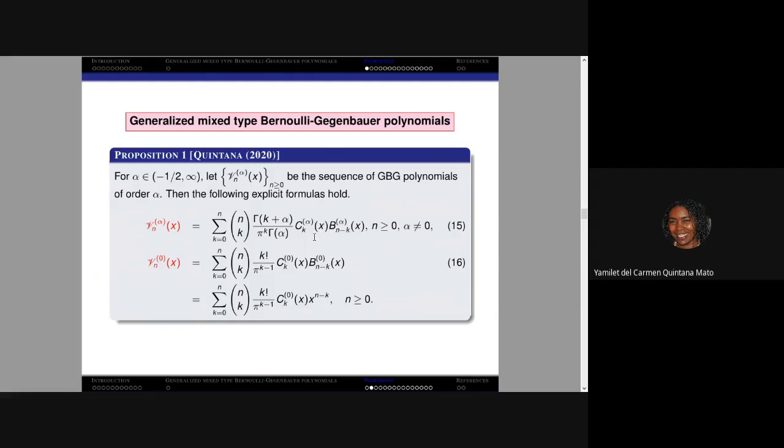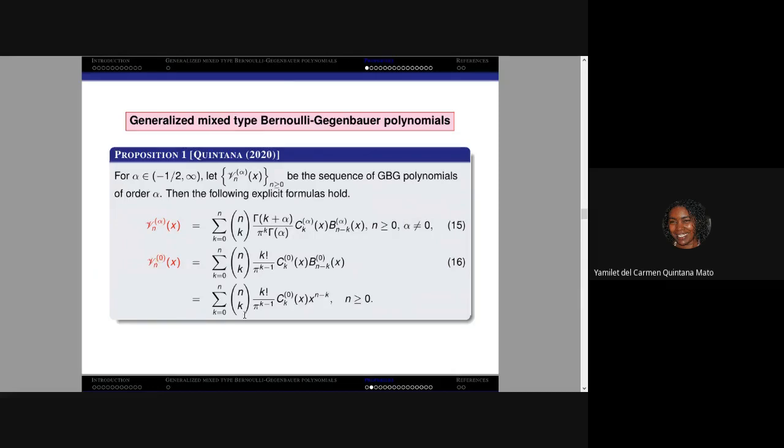Notice that in formula 15, the order alpha is different to 0, while in formula 16, the order alpha is equal to 0.